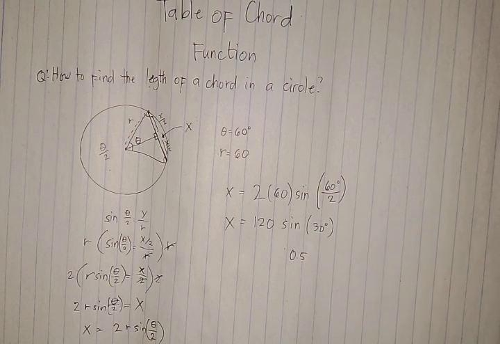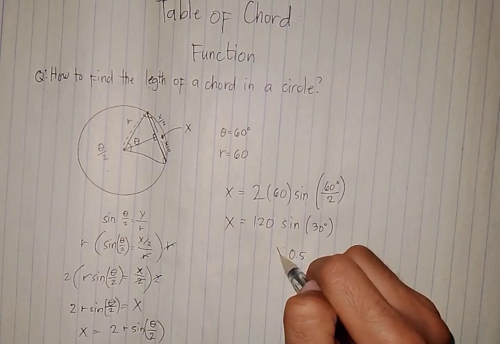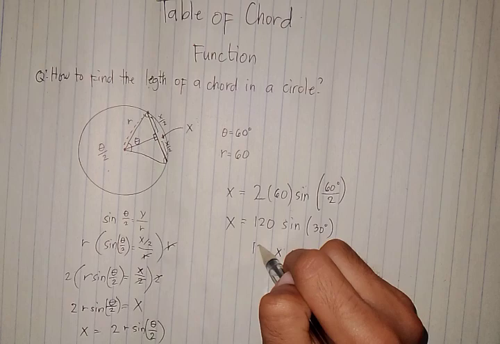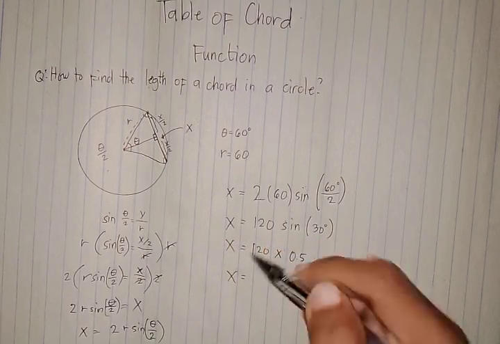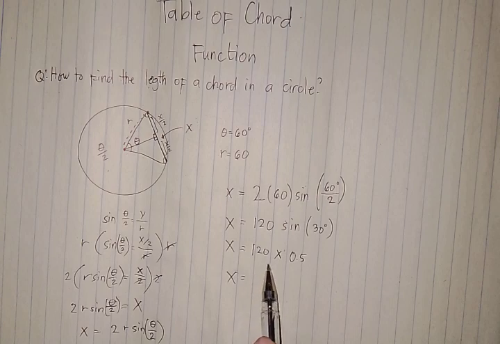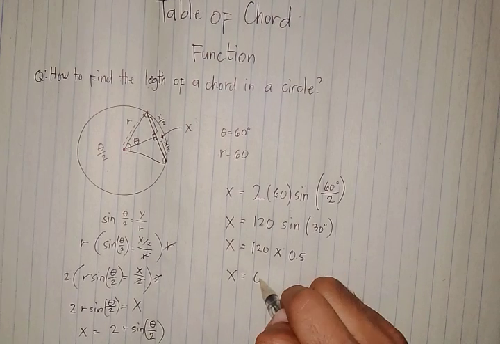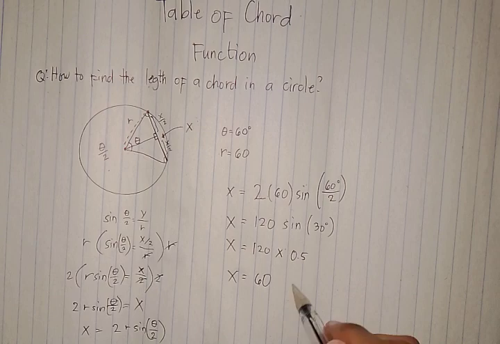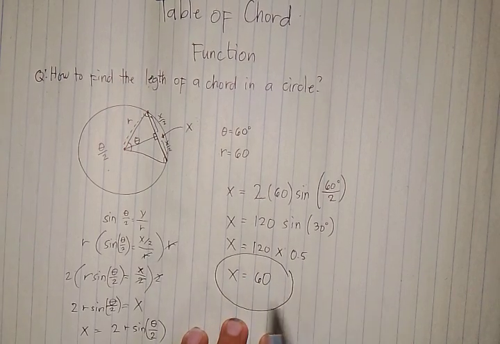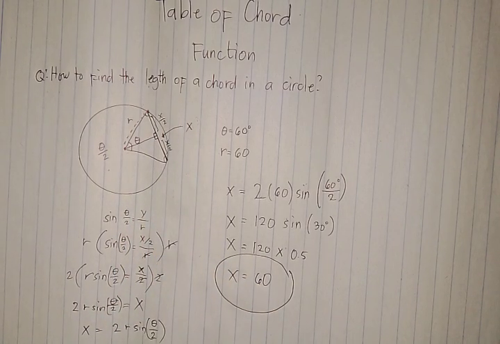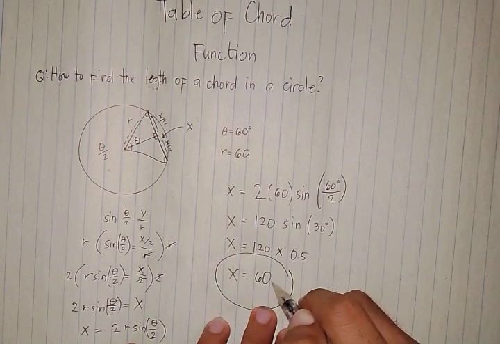That is sine 30 degrees. Multiplying by 120, x is equal to 120 times 0.5, which is 60. So therefore, the length of the chord is 60 units.